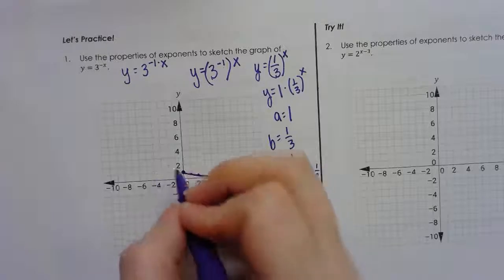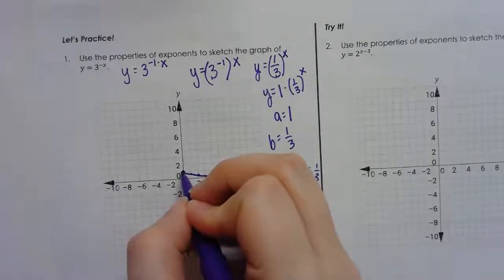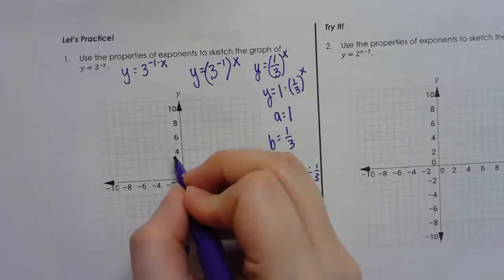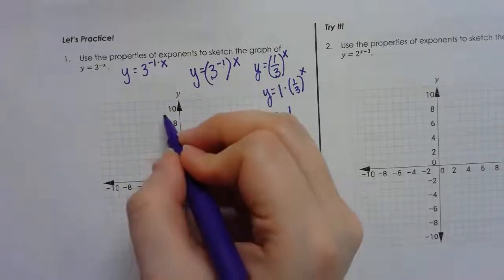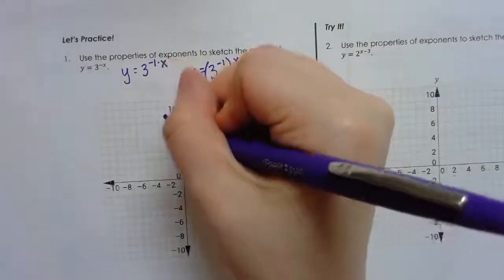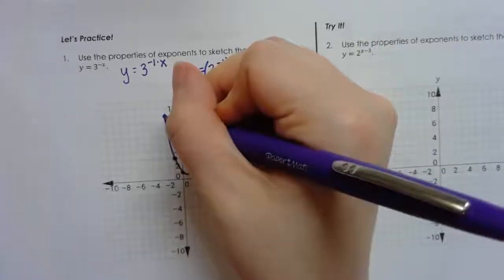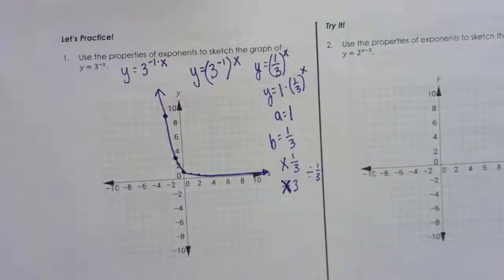So as I go this way, I'm at 1, so 1 times 3 is 3, and 3 times 3 is 9. And so this is what my graph looks like.